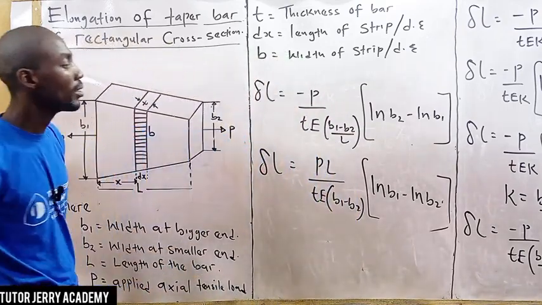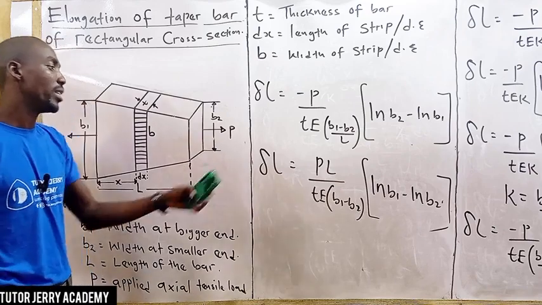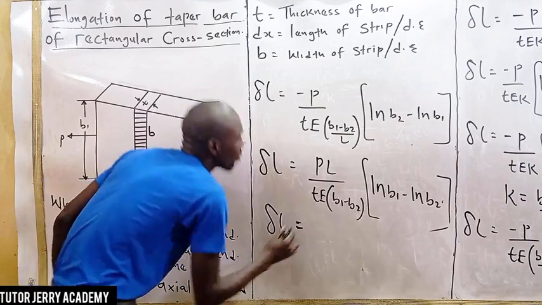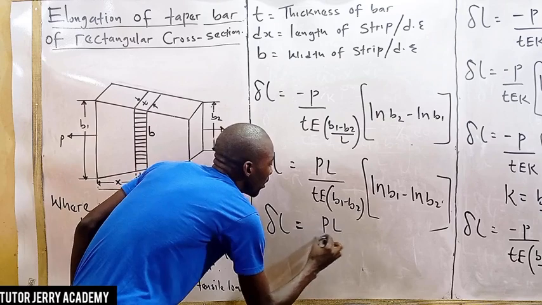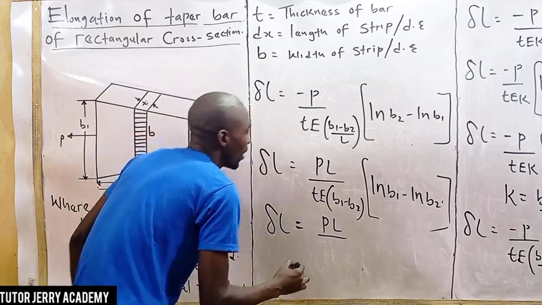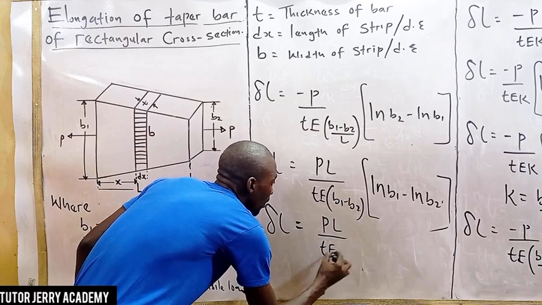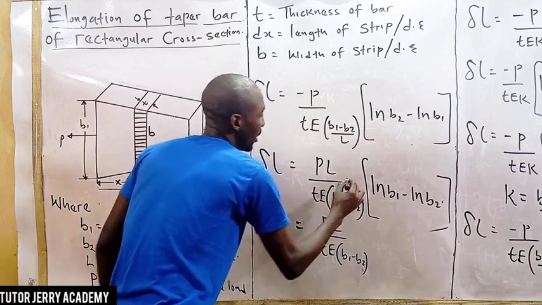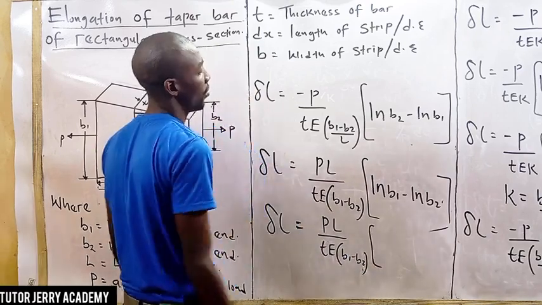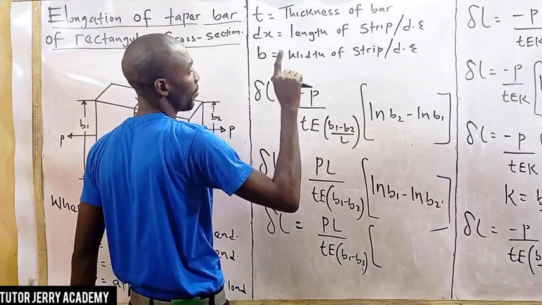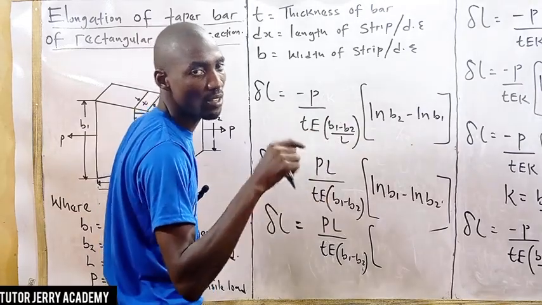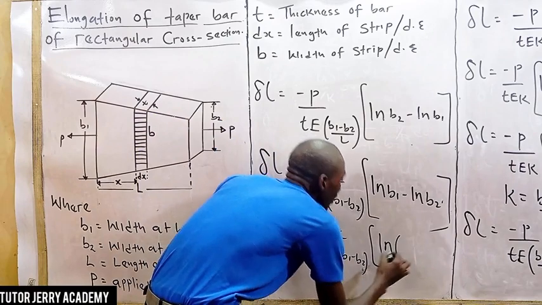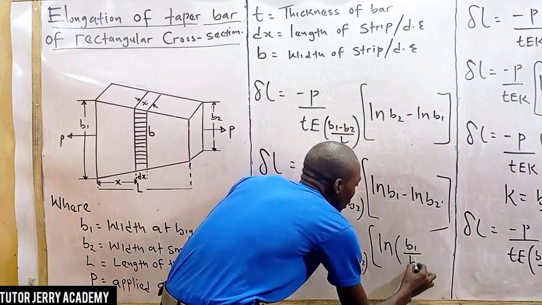All right. So from here, I'm going to have L equals P L all over T E into B1 minus B2. Then from the law of logarithm, know that ln A minus ln B is equal to ln of A all over B. So this is going to be ln of B1 all over B2.